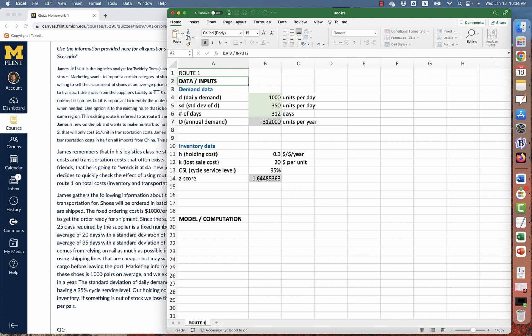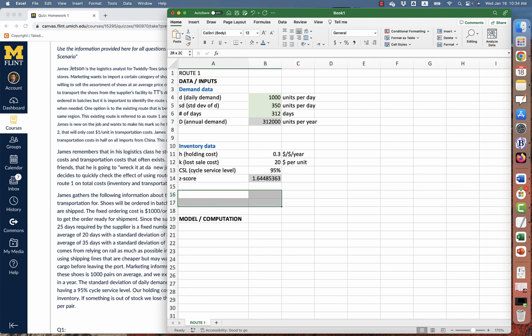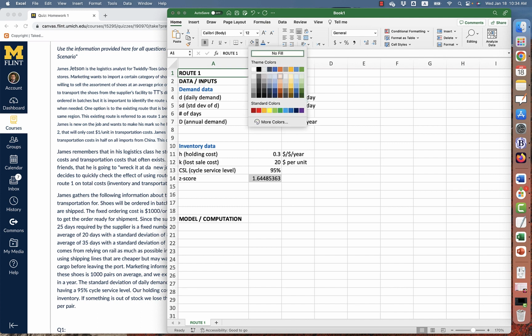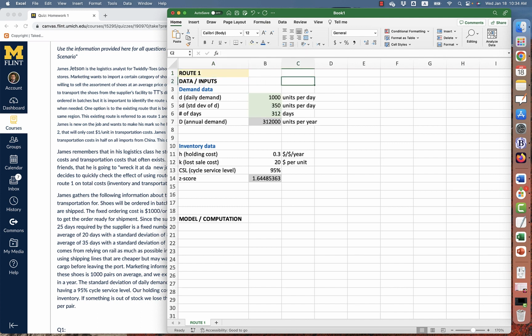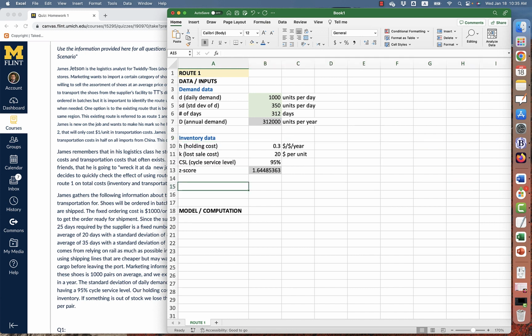Make a copy of this and just change the values for the transportation data to route 2 when we want to do the route 2 calculation. So let's just do it for route 1 for now. Okay, so I need to do transportation data. Let me delete this extra line here.